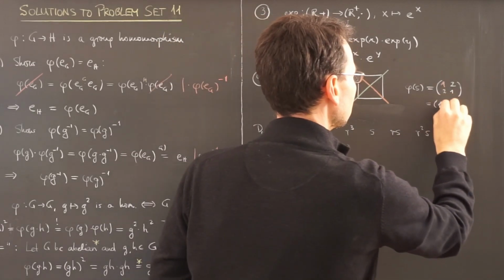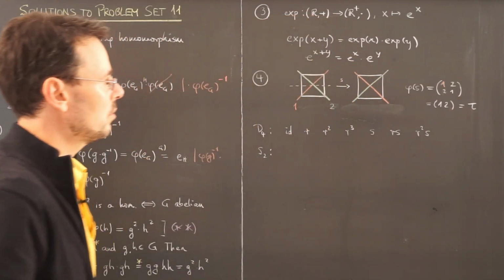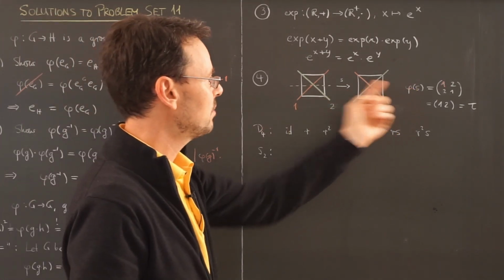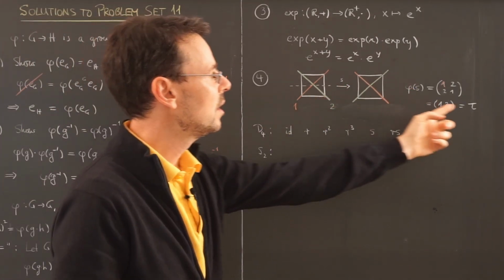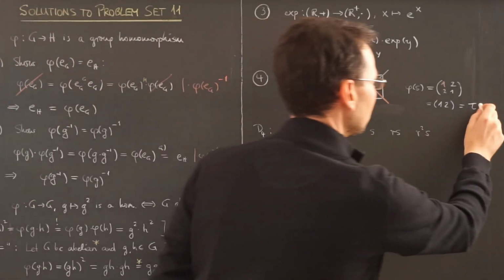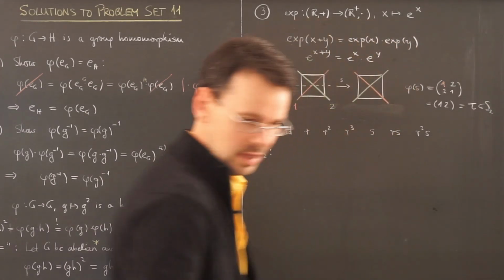So this is the transposition (1 2), which I call tau. And now my homomorphism maps here this symmetry to this transposition, which is clearly an element of S2.